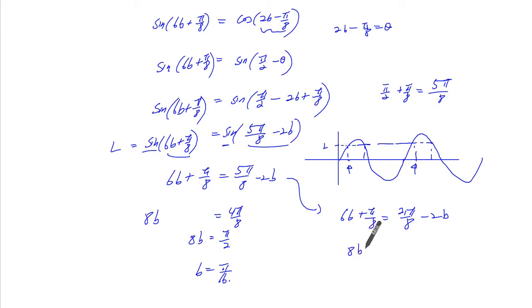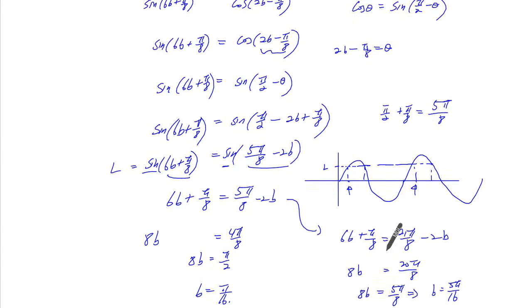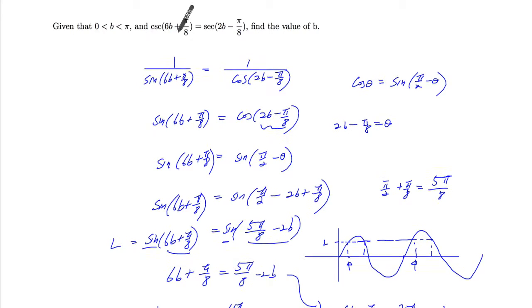So you get 8b, this time it's going to be 20 pi over 8. Divide the top and bottom by 4, 5 pi over 8. And we get b then is equal to 5 pi over 16. Also from 0 to pi.